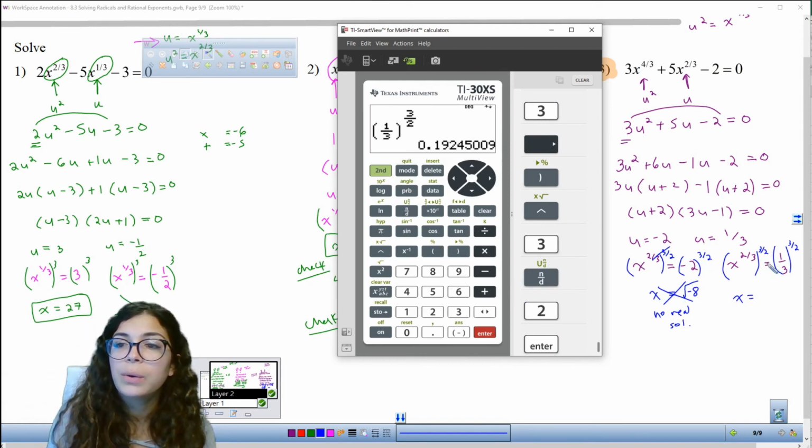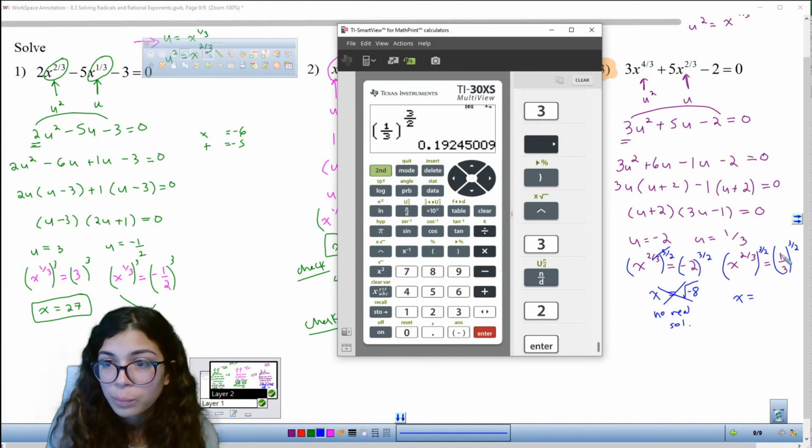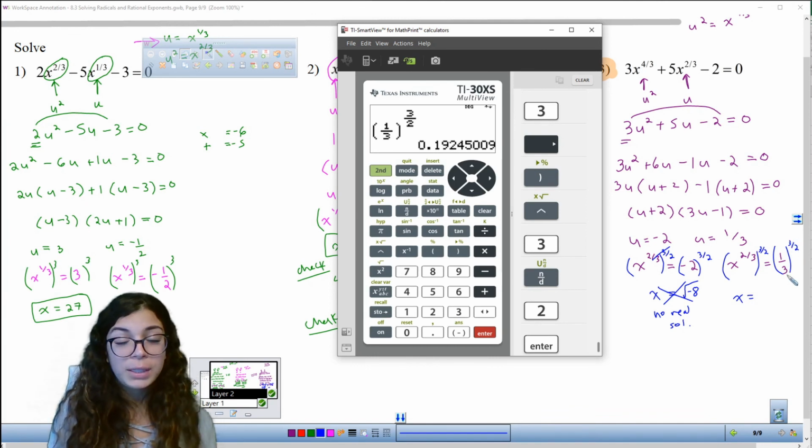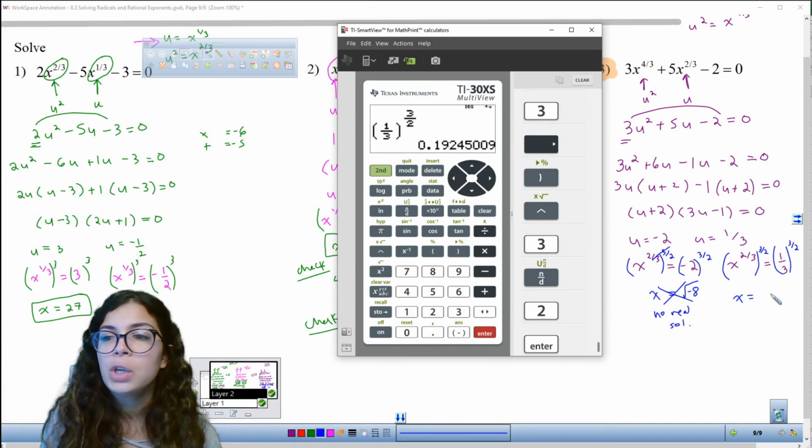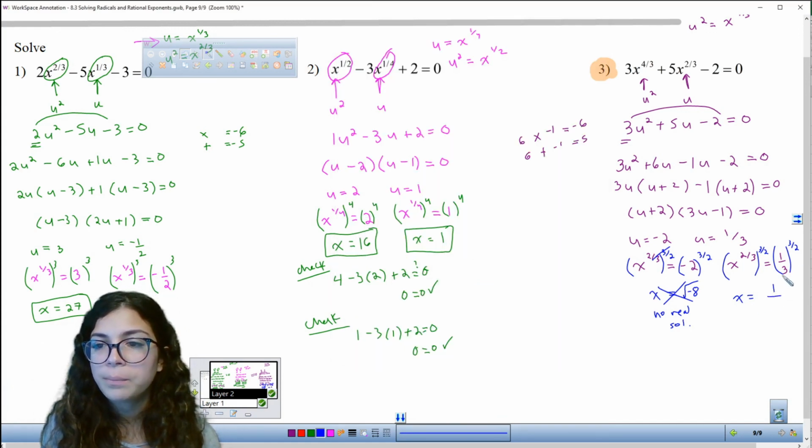Okay, so we're going to go ahead and do this by actually distributing that power of 3 to each of them, and then writing the square root. So 1 to the power of 3 is 1, 3 to the power of 3 is 27, and then the index is 2, so this is the square root of this, right? So we have x equals square root of 1 over square root of 27.